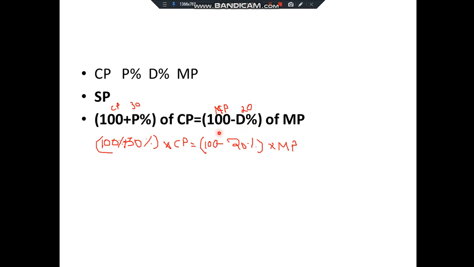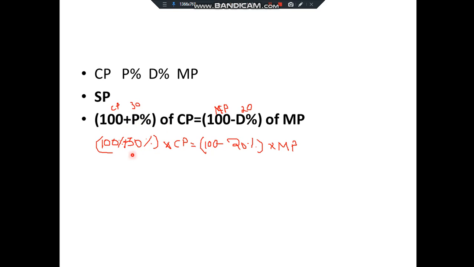So 100 minus discount percentage of marked price is our SP. So 100 minus 20, that is 80% of marked price, is our selling price. So that is how this formula is written. So how will we write 100? 100 represents cost price plus profit percentage 30%. So I told you 130% of cost price, right?